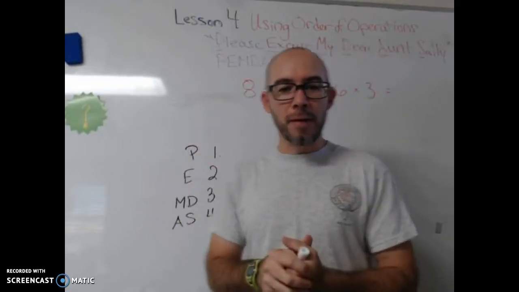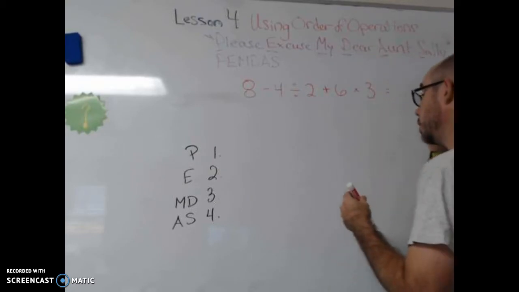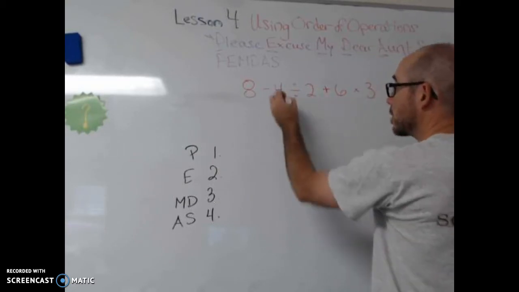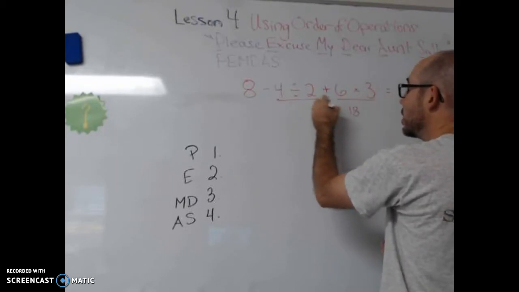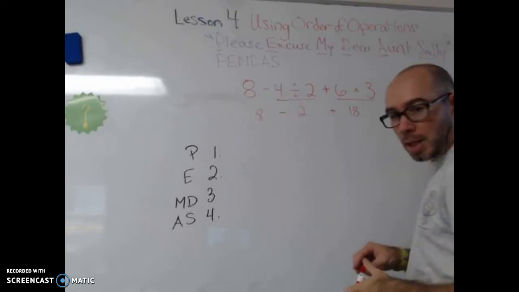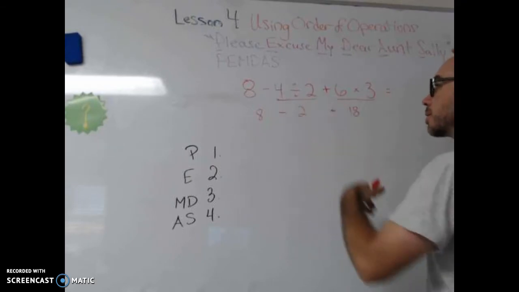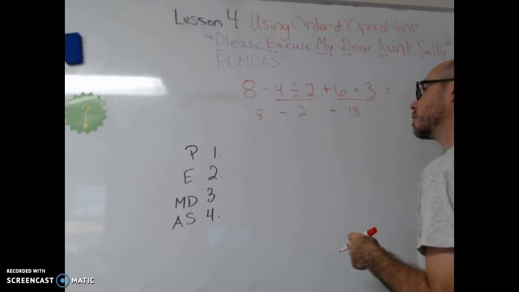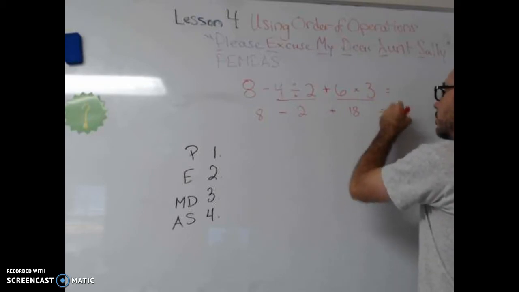So if I follow the correct order of operations, I'm going to do this little problem here first. I'm going to do this problem here. I'm going to get 18, and I'm going to get 2. And then the rest of it, I can do in any order that I want to. 8 minus 2 is 6, and 6 plus 18 is 24.